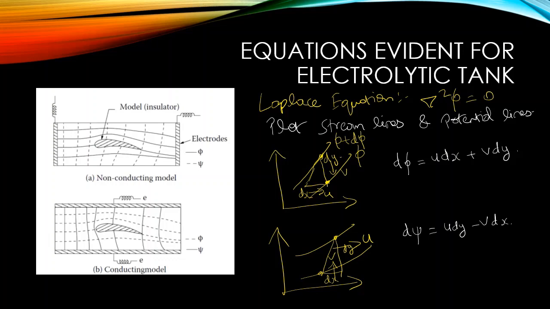Here, when the flow is from left to right, it is treated as negative, and when the flow is from right to left, it is positive. When you are sitting here and seeing the flow coming from right hand side to left hand side, I am putting a minus sign. But here it is from left to right.